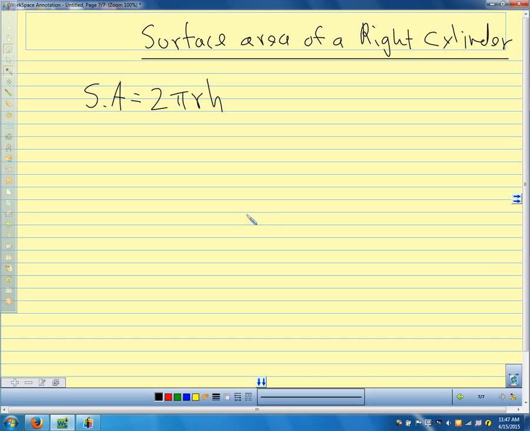That's the area of that rectangle. Plus 2 of the bases, which is going to be 2 pi r squared. Square units. So we have the area of the rectangle that makes up the side and 2 circles that make up the bases. This is the lateral area. And this is 2 circles.